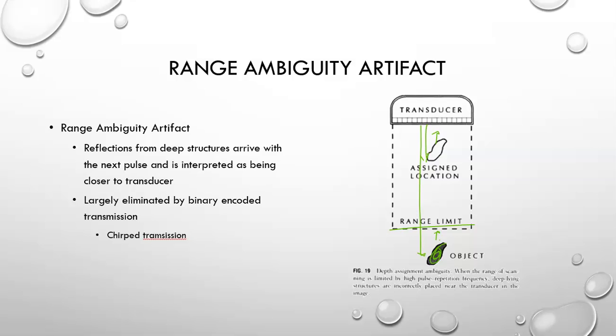So these reflections from deep structures arrive with the next pulse and get interpreted as being very close to the transducer. Our newer state-of-the-art probes that utilize binary encoded transmission, or chirp transmission, or Golay coding, if you will, basically get rid of this type of artifact.